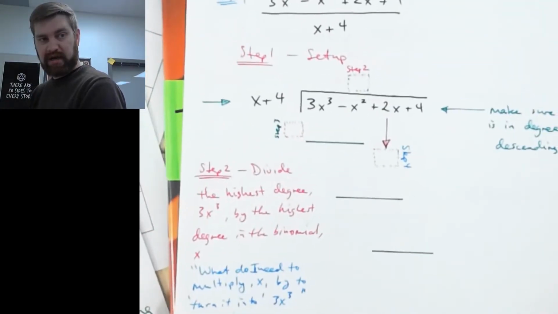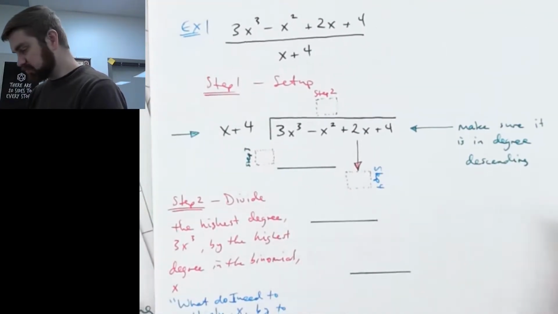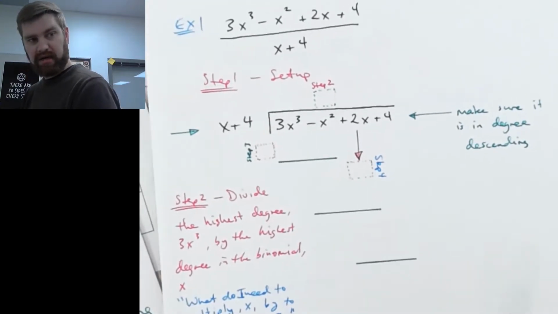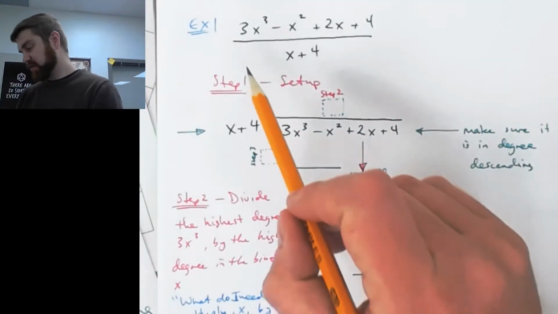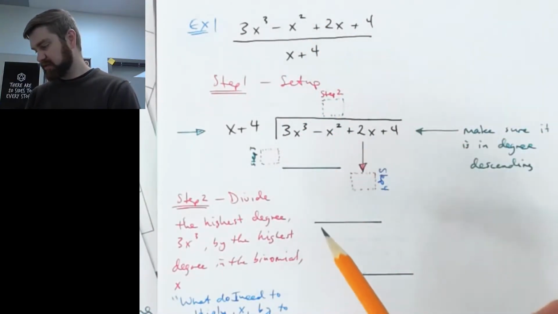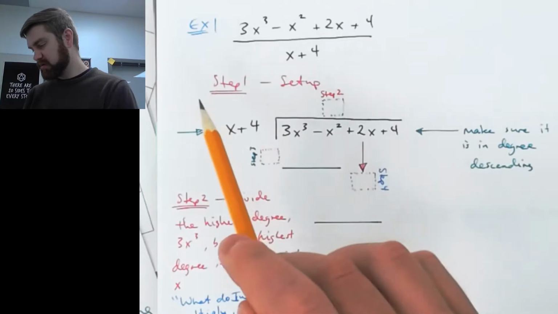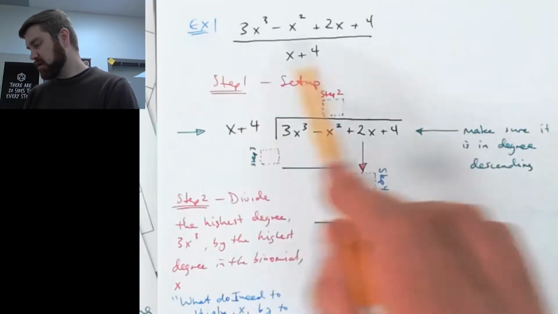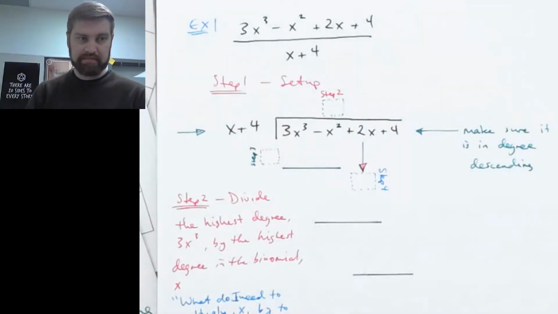So the first example we're looking at is 3x cubed minus x squared plus 2x plus 4, all over x plus 4.